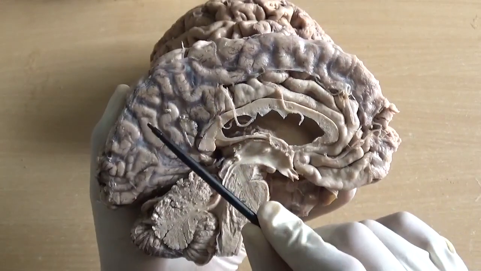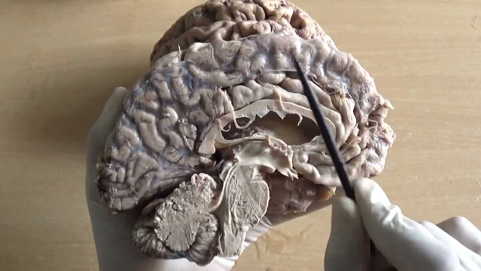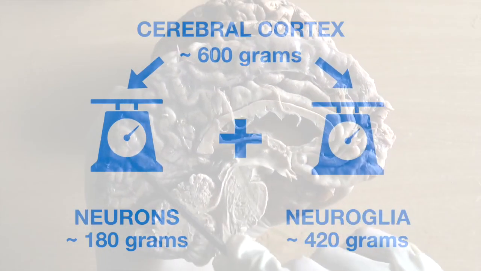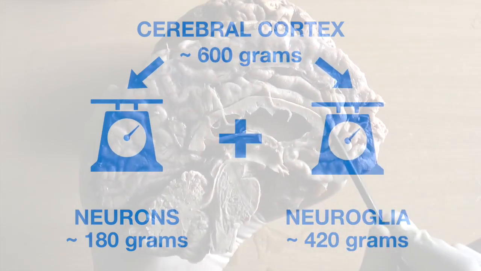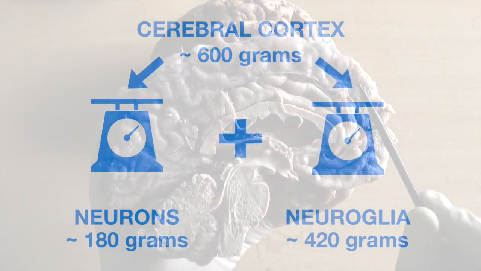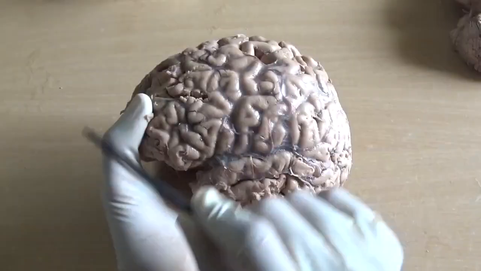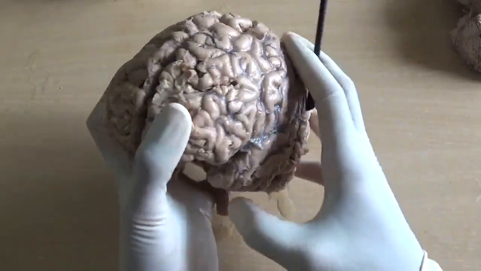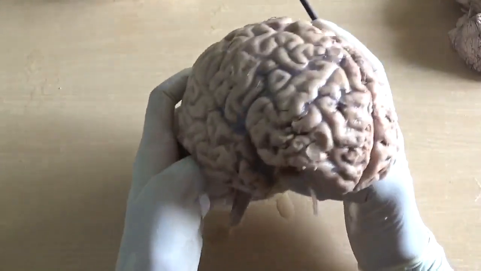If we talk about neurons in terms of weight, then out of 600 grams of weight of the cerebral cortex, 180 gram belongs to the weight of neurons, and the remaining 420 gram is the weight of neuroglia. Now throughout the cerebral cortex, within the neurons, within the cell bodies, it can store memory.